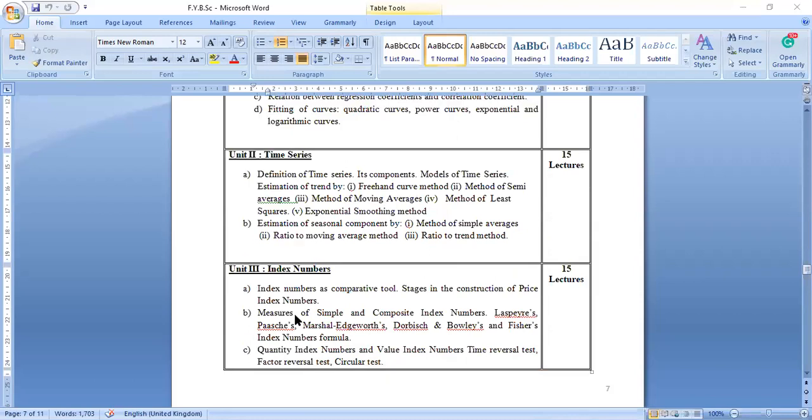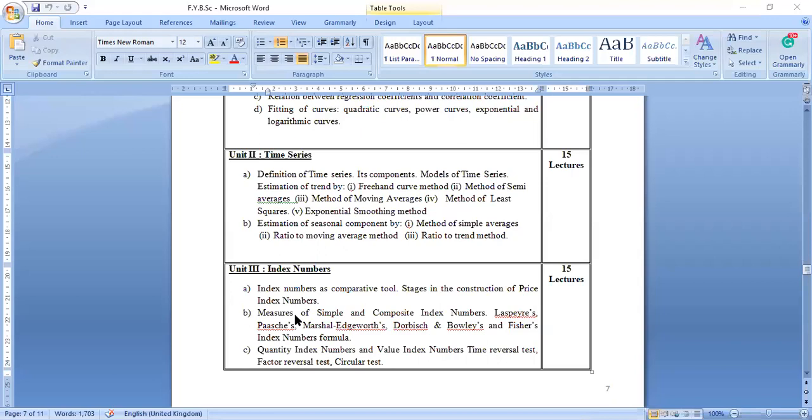Then we have index numbers. Again, it is a comparative concept where you talk about the price of any product or item.